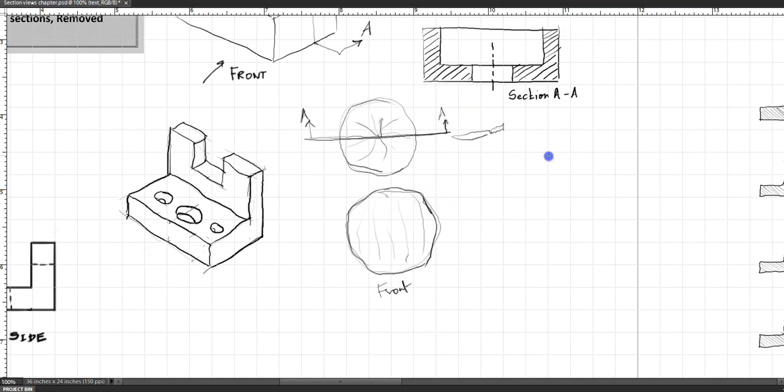Now, if I want to draw an isometric view of the watermelon from inside, it would look something like this.